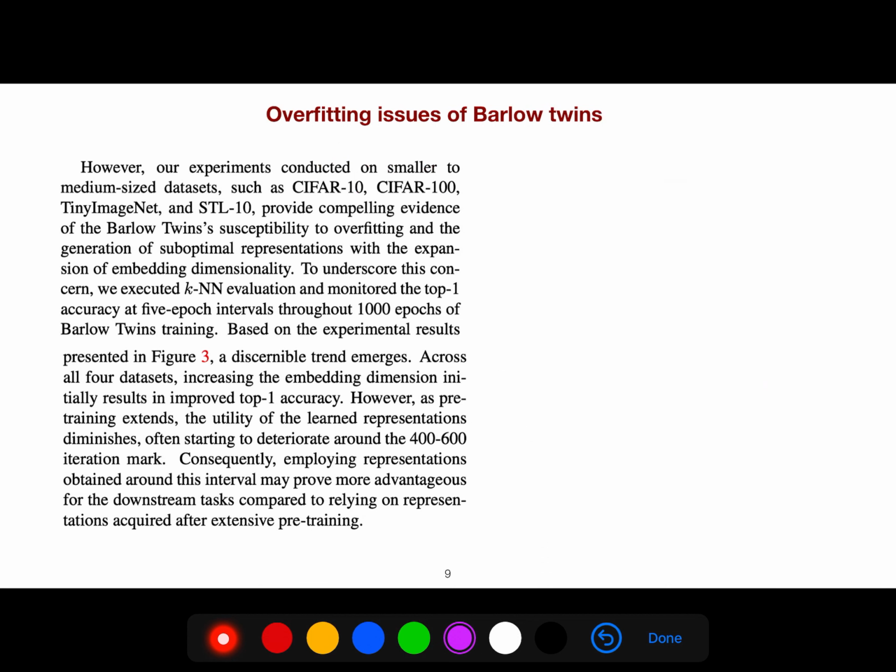However, our experiments, conducted on small to medium-sized datasets such as CIFAR10 and CIFAR100, provide compelling evidence of the Barlow Twins' susceptibility to overfitting and generation of suboptimal representations with the expansion of embedding dimensionality. To underscore this concern, we executed k-nearest neighbor evaluation and monitored top 1 accuracy at 5 epoch intervals throughout 1,000 epochs of Barlow Twins training.